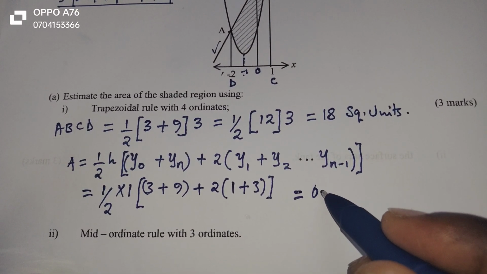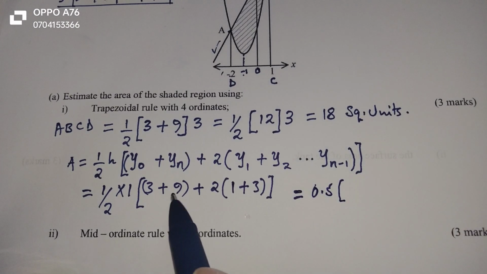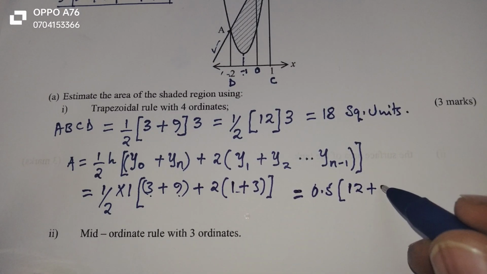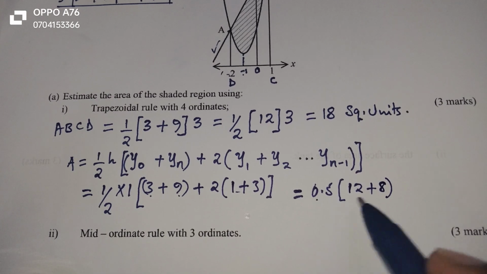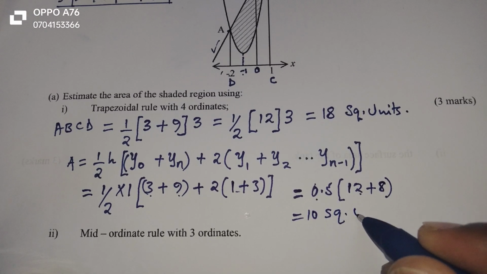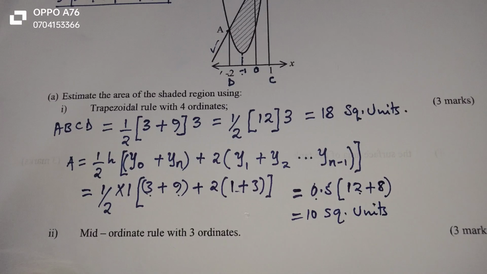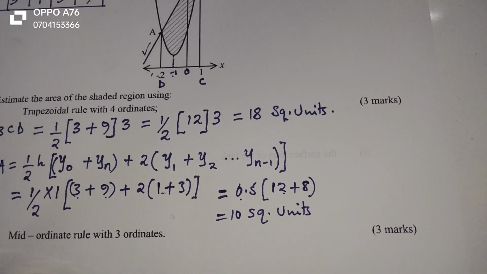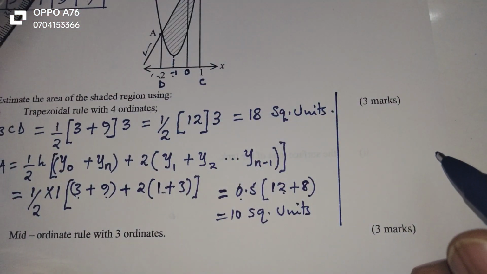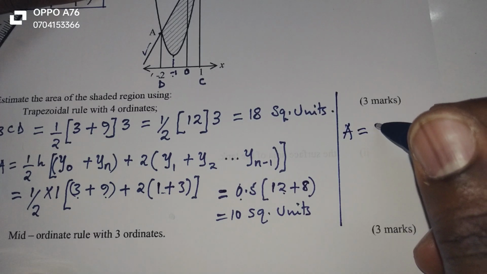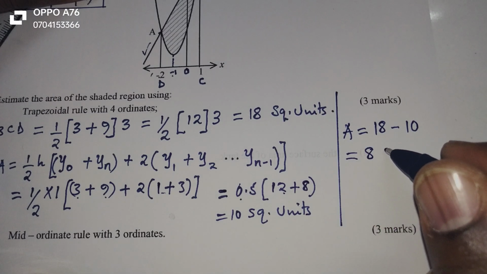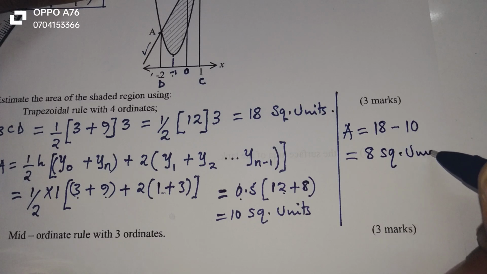We need a half, that is 0.5, then we have 12 plus 4 times 2, which is 8. So when we multiply a half by 20, we get 10 square units. With the area of the bigger trapezium being 18 square units, the area of the shaded region is 18 minus 10, giving us exactly 8 square units.